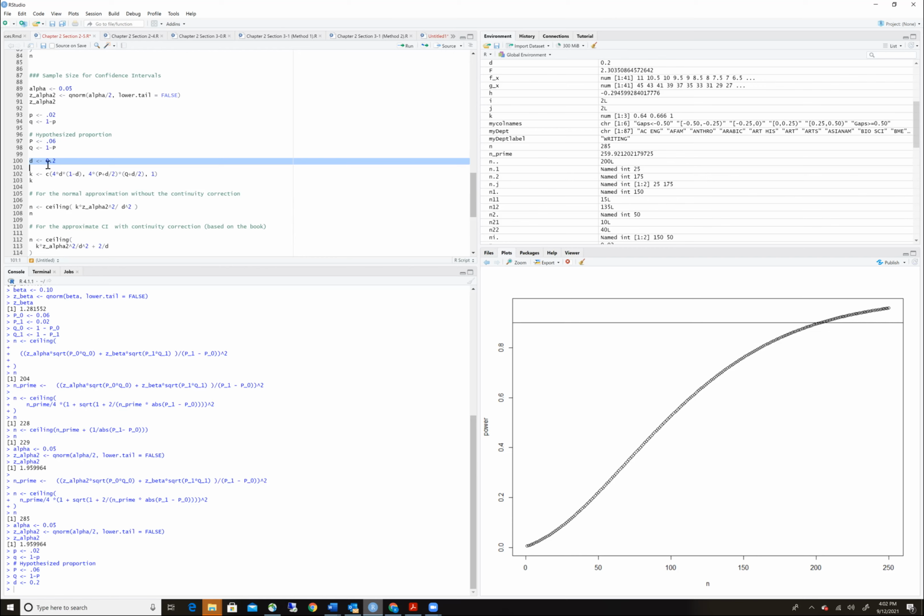And I don't want a huge interval because then I'm not going to have a very good idea of the estimate. If D is too big, then I don't have enough information to make some decisions. So I want to limit that to be a width of 0.2.